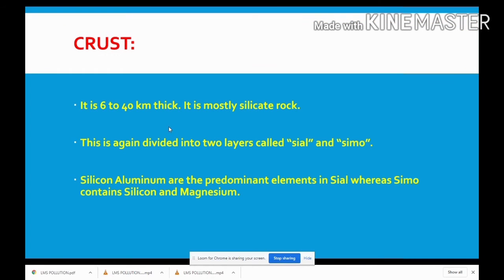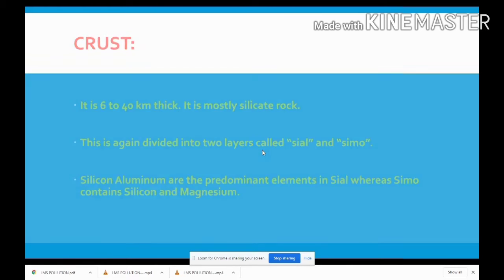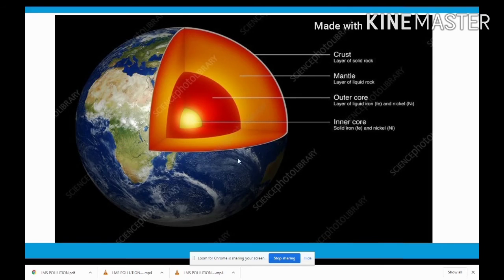Number 1, crust. It is about 6 to 40 kilometers thick. It is mostly silicate rock. This is the upper one, the outer side of the earth, and it contains mountains, lakes, plateaus, oceans, etc.